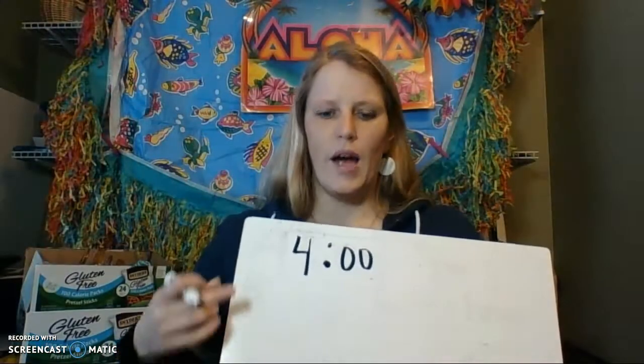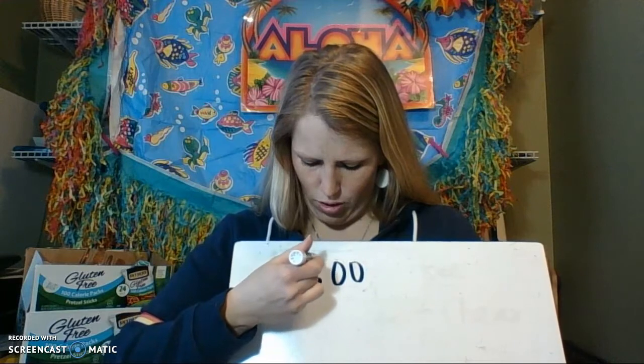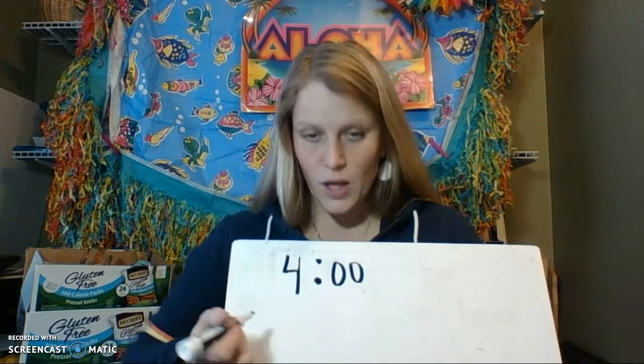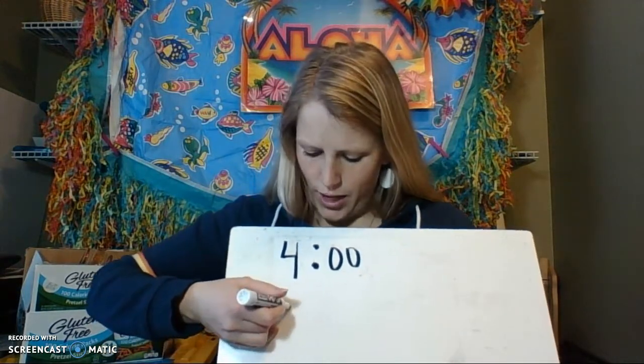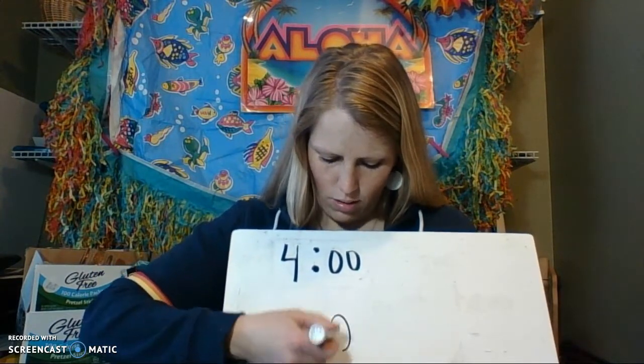So if I said, can you write down the time 4 o'clock? You'd write down your hour first, which is 4, and then your 2 dots, and then o'clock. So if I said write down 1 o'clock, I start with my hour, 1, my 2 dots, and then o'clock.